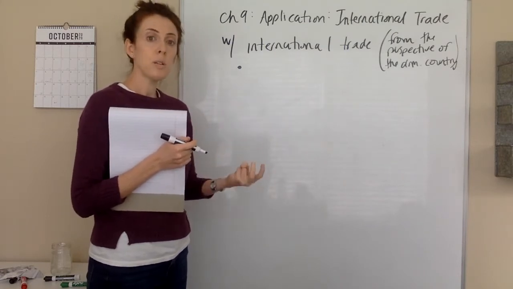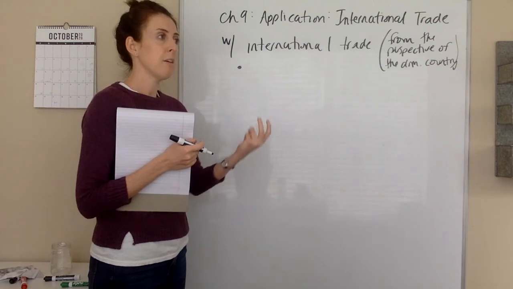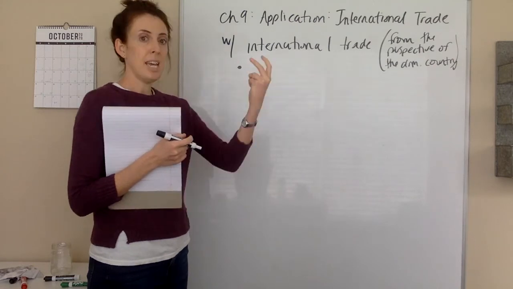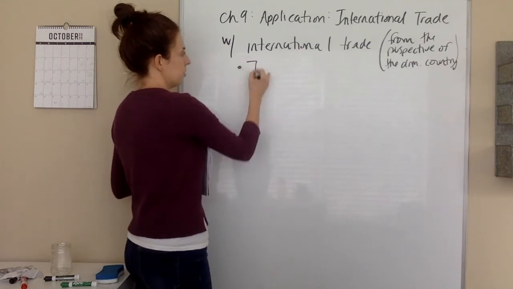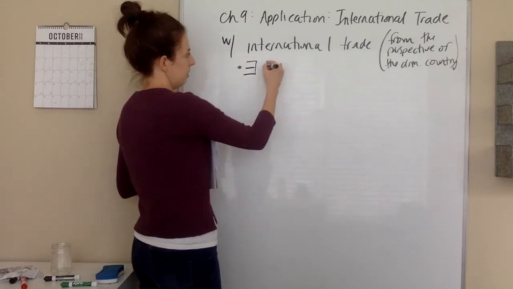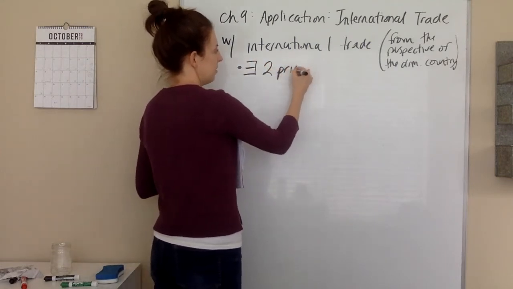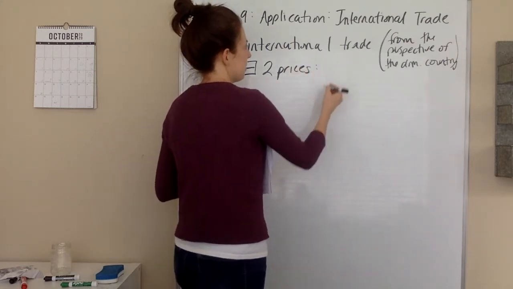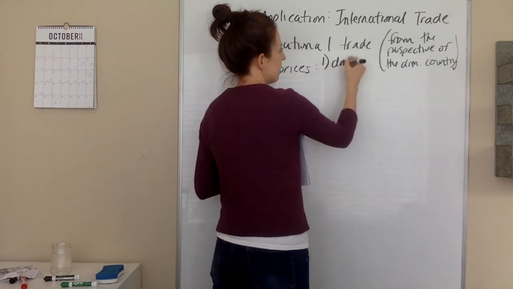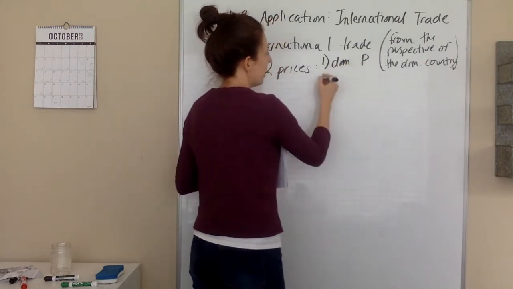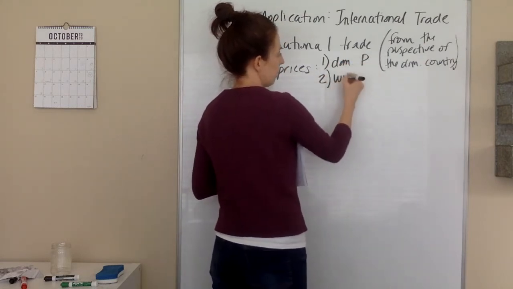And price number two is the price of the good in that other market in the world. So there exist two prices: number one, the domestic price, and number two, the world price.